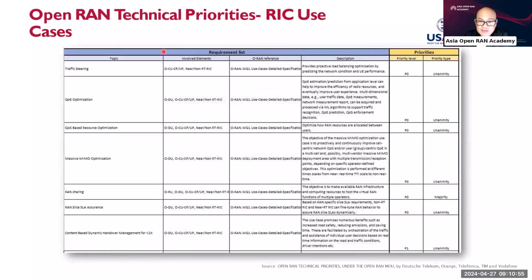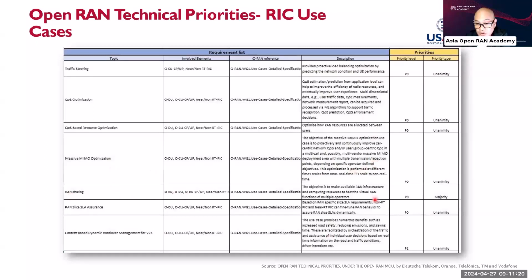For example, traffic steering. Yeah, so this is a RAN feature. Traffic steering, they consider it as priority 0 and unanimity. Okay? So all 5 operators agree that this is a very important feature, no, in the Open RAN system. Like for example, RAN sharing, massive MIMO optimization.